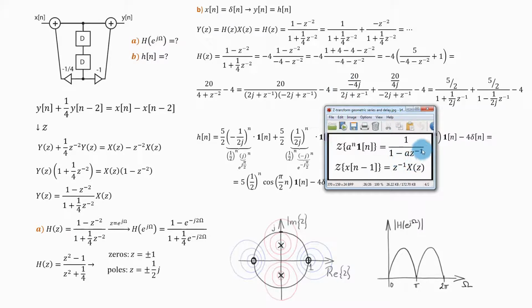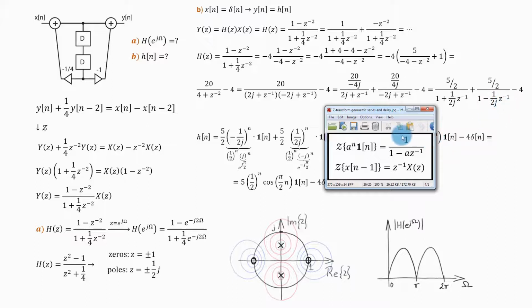To do that, I need to divide both the numerator and the denominator of this partial fraction by 2j, which will give me this. In this case, I need to divide both the numerator and the denominator by minus 2j. That will give me this.